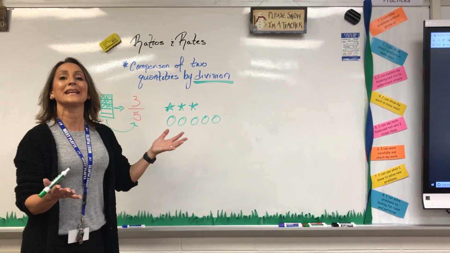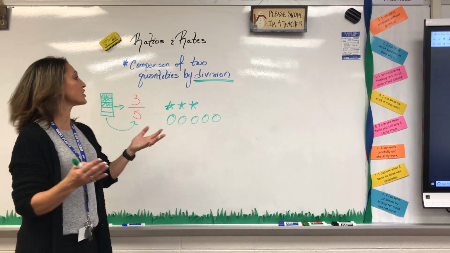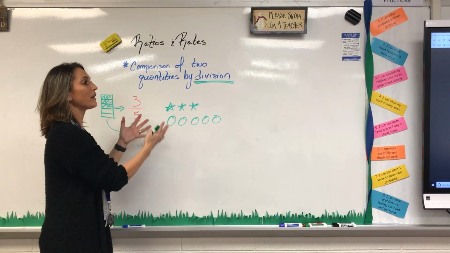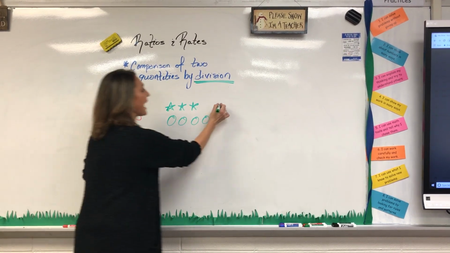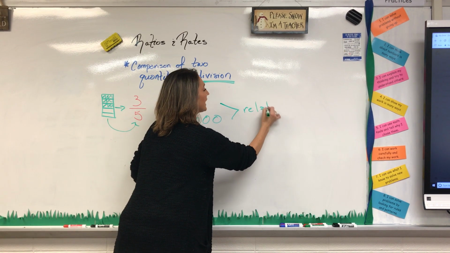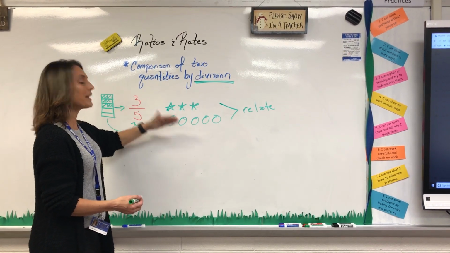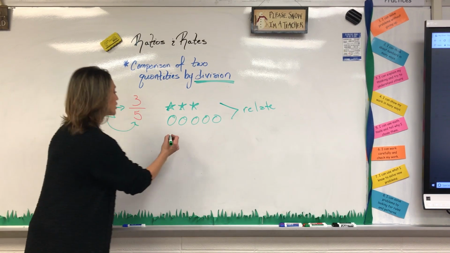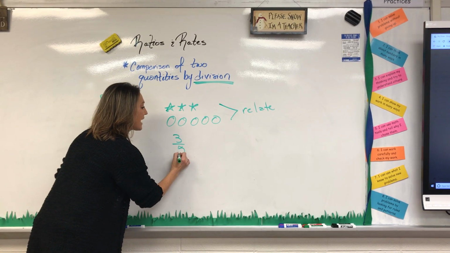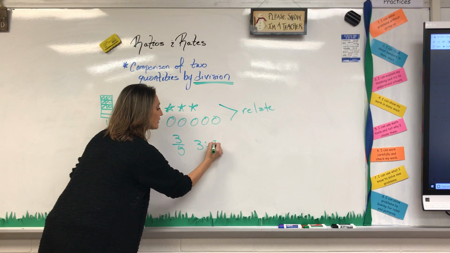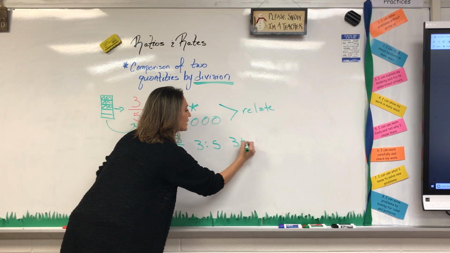What we're really asking them to do is say to themselves, what's the comparison? How do these 2 things relate mathematically? Well, I have 3 stars and I have 5 circles, so the ratio is 3 to 5.